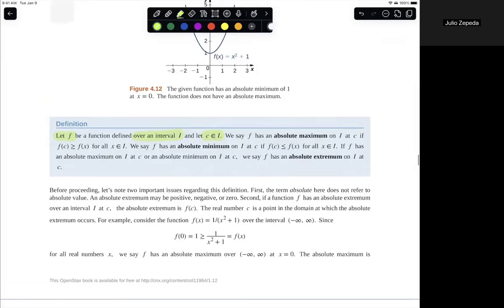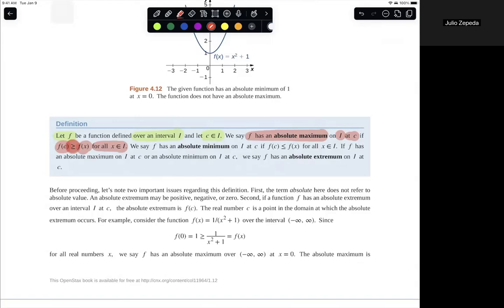We say that the function f has an absolute maximum on that interval I at c if the function value, the y value for c, is greater than or equal to every other function value f of x for all x values in the interval I.